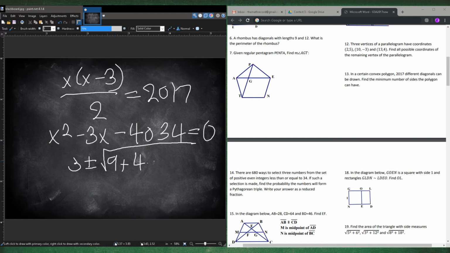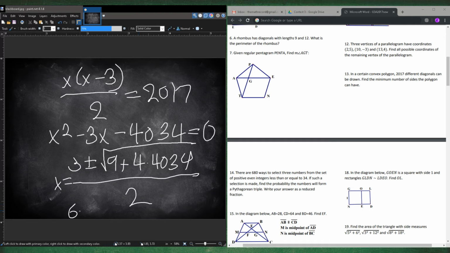So you just add 4 times 4034 to b squared, which is 9, and take the square root. It's not going to be negative because you can't have negative side lengths. So add 3 and then divide by 2, so x is equal to that.